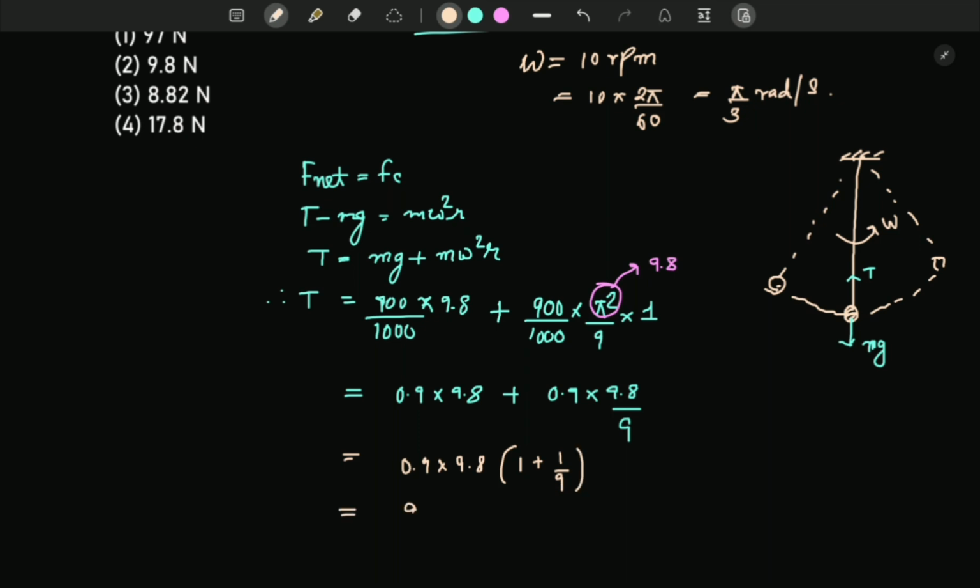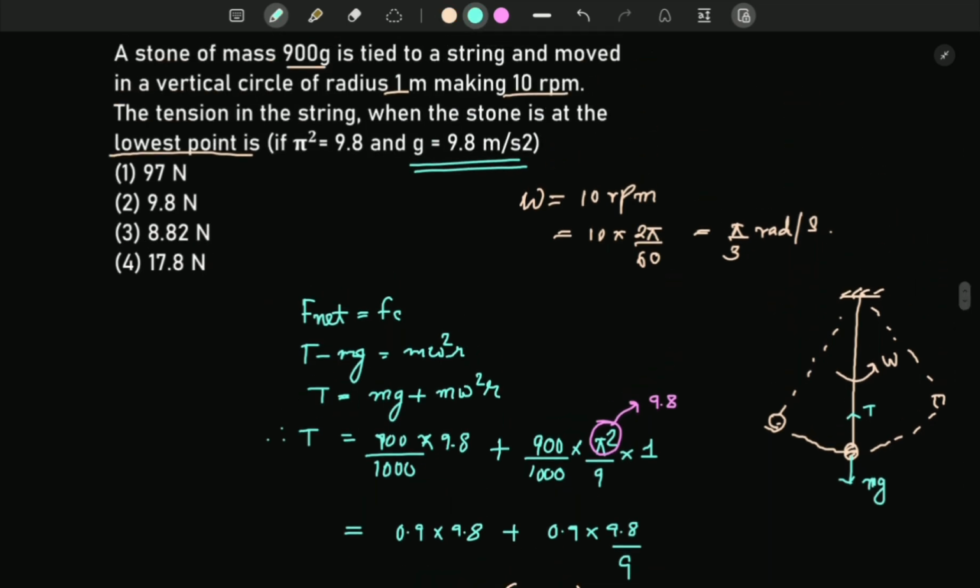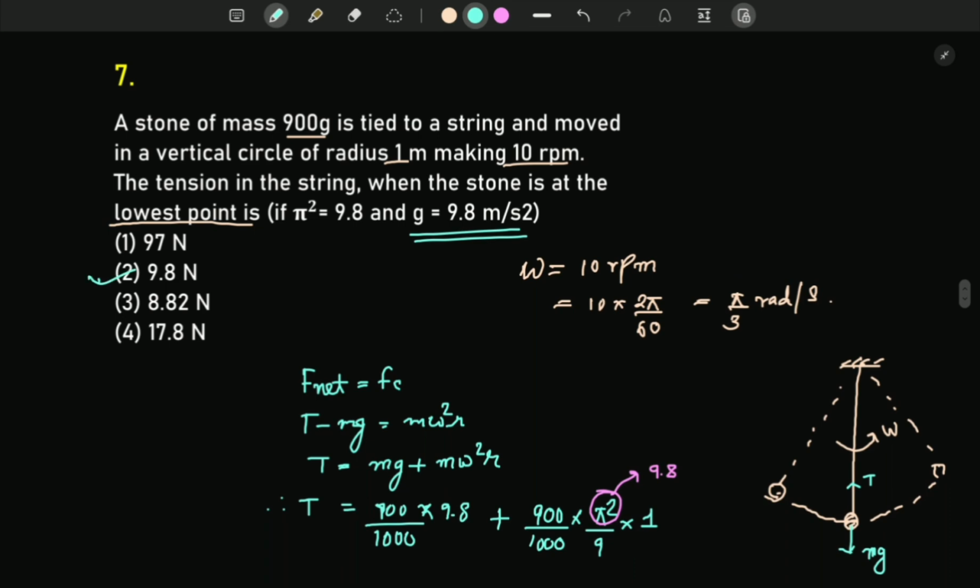So ultimately I will get 0.9 into 9.8, and in the bracket I am getting 10 by 9. So 9 and 9 and 10 get cancelled. We are left with 9.8 Newton. So this is our final answer. So the tension in the string is option number 2, 9.8 Newton.